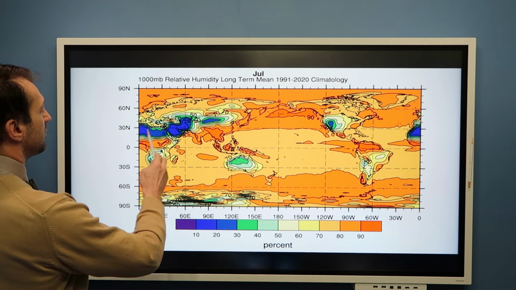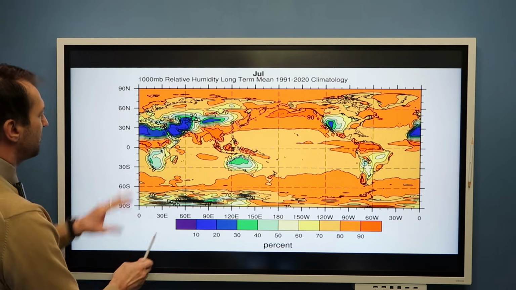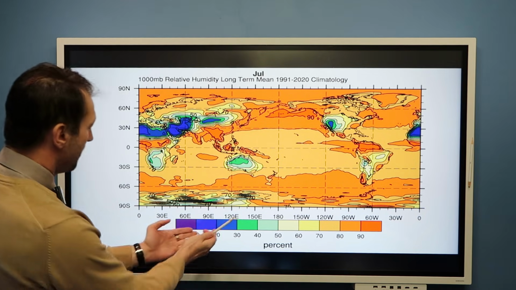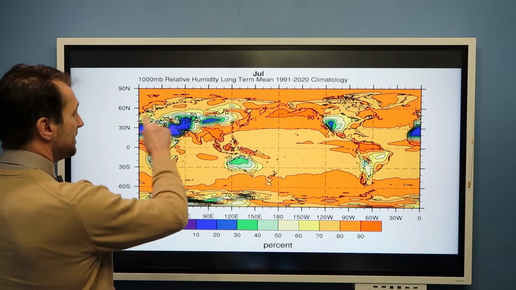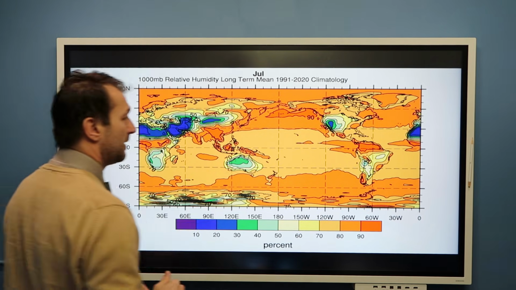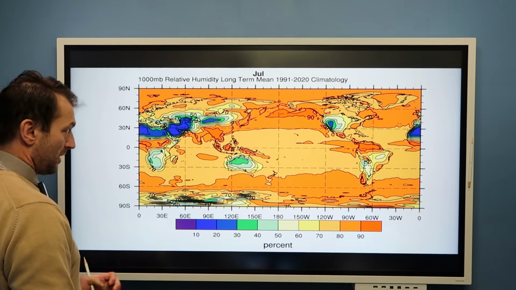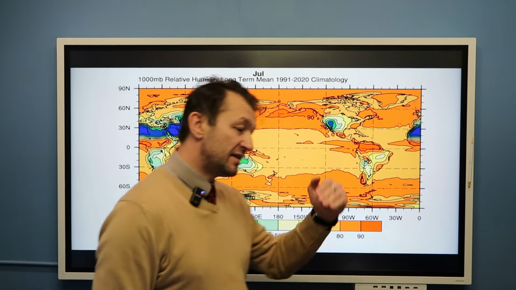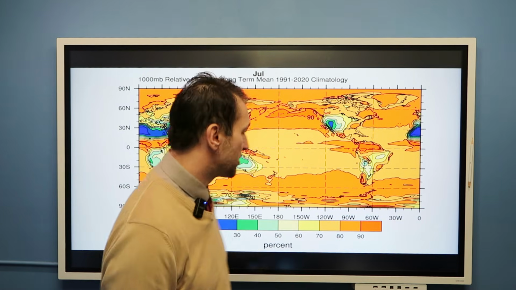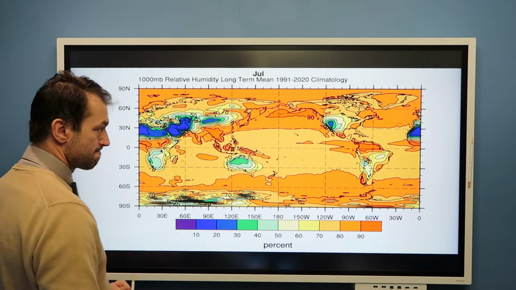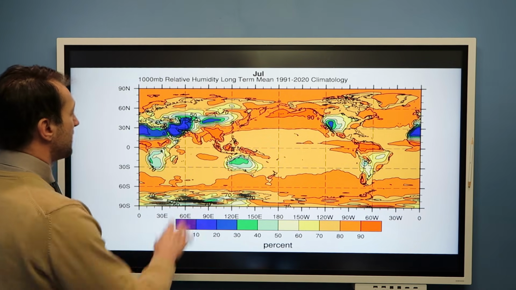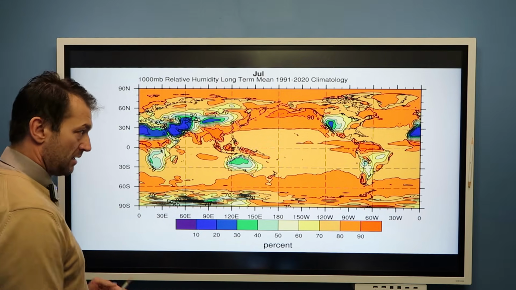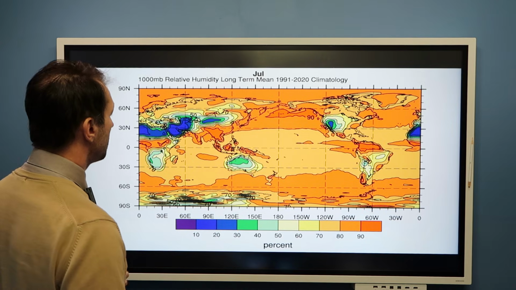We also see that over desert regions, relative humidities are crazy low, below 20%. That's why deserts are so dry. And you can see that deserts are in these subtropical regions over the northern hemisphere, and we will study later why that is the case. That is associated with high pressure systems over there that diminish precipitation, and therefore we have very little precipitation over there and very low relative humidities.